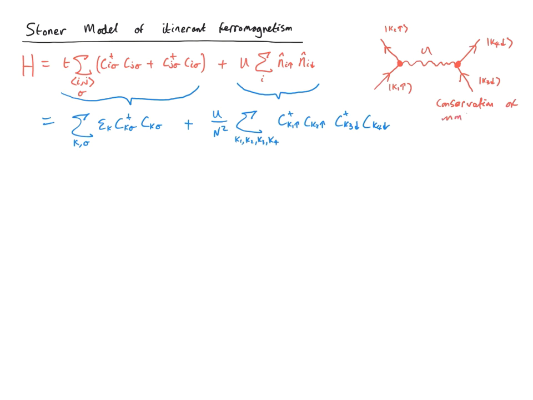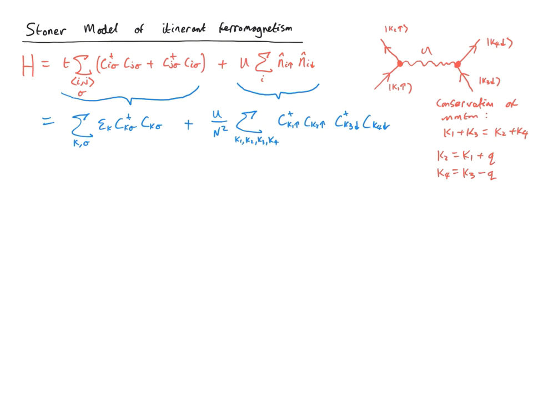But if we were to also have conservation of momentum at the vertices of the interaction, then we should have that k1 plus k3 is equal to k2 plus k4. And we can write that in a simple way. We can say that k2 is equal to k1 plus some momentum transfer q, provided that k4 loses that same amount of momentum. So k4 is equal to k3 minus q.